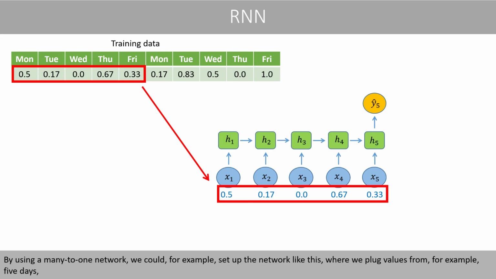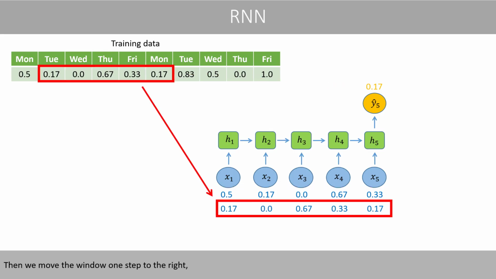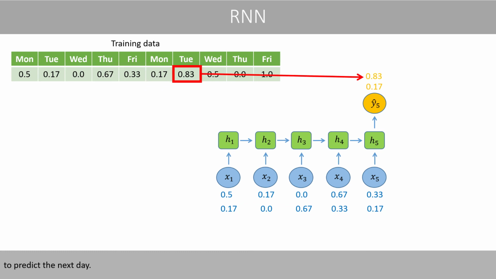By using a many-to-one network, we could, for example, set up the network like this, where we plug in the values from, for example, 5 days, to predict 1 day forward in time. Then we move the window 1 step to the right, to predict the next day.